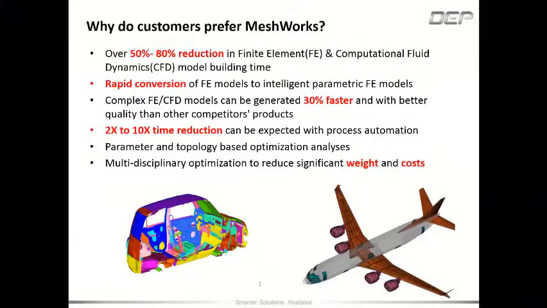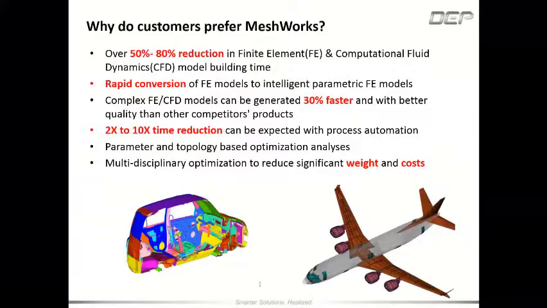Why do customers prefer MeshWorks? Overall, you can see a 50% to 80% time reduction in certain model aspects, and this particular aspect is going to be related to your CFD. So your model time can be greatly reduced. Also, as we said before, your rapid conversion is very intelligent in order to create all these automatic parameters for you. We basically showed just the fillet area. We can do so many different types of changes, where we can create wall thickness changes.